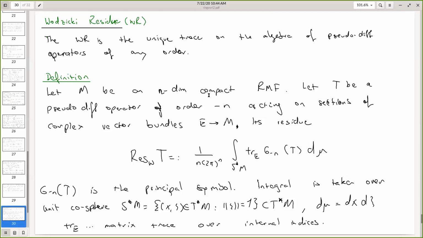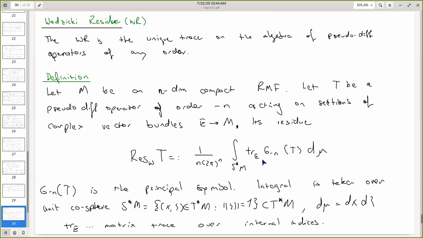Now, for the exact definition, let M be an n-dimensional compact Riemannian manifold, okay? And let T be a pseudo differential operator of order minus n. So it decays as minus n, acting on sections of complex vector bundles.